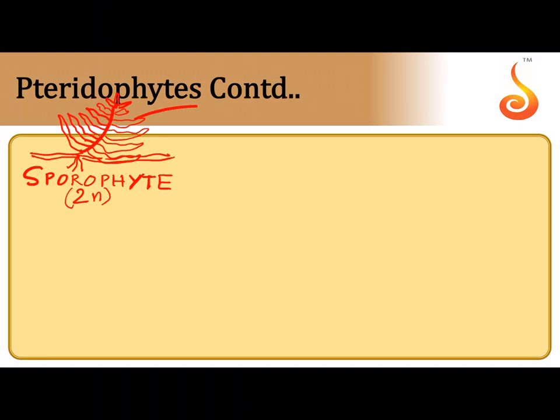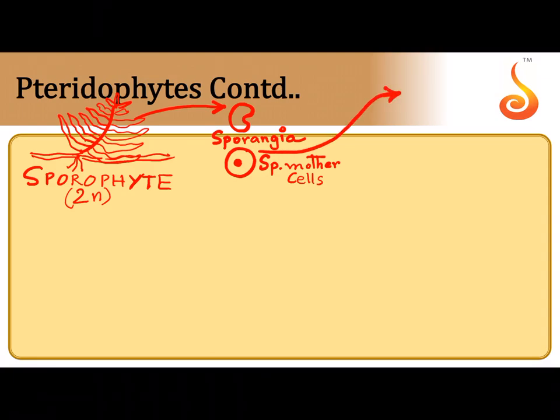It is diploid. The sporophyte will have special structures on them called sporangia. In the sporangia, there will be diploid cells called spore mother cells. Okay, so this spore mother cell, which is present inside the sporangia, will undergo meiosis to form haploid spores.